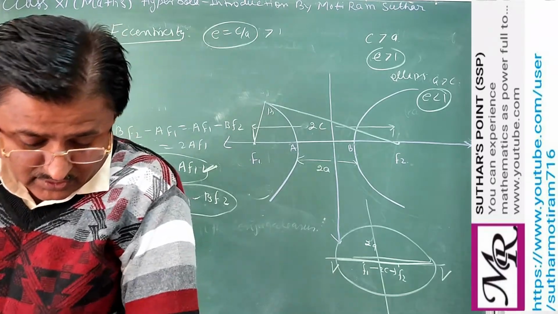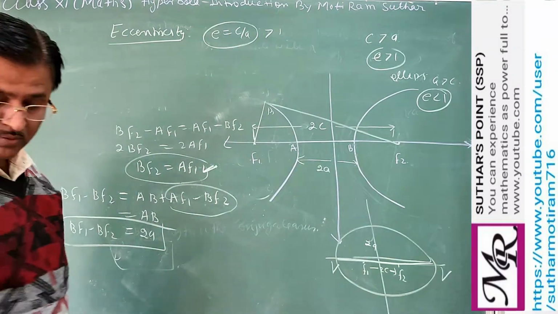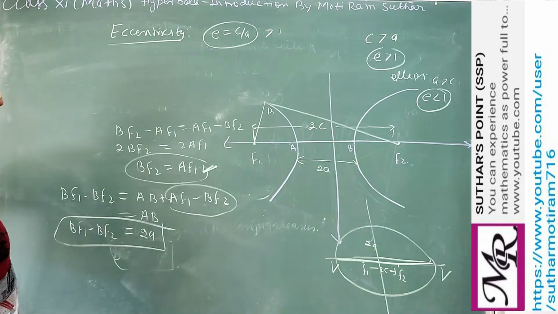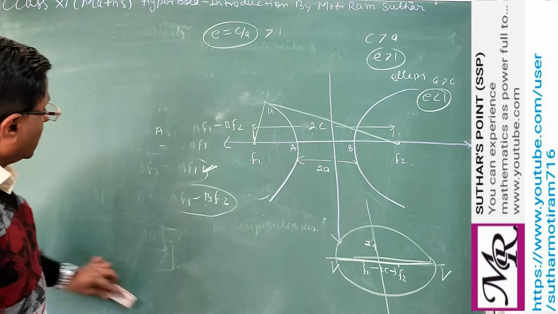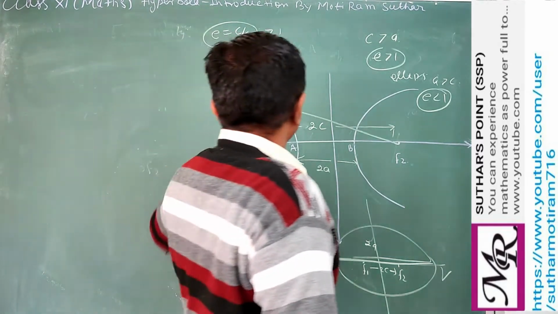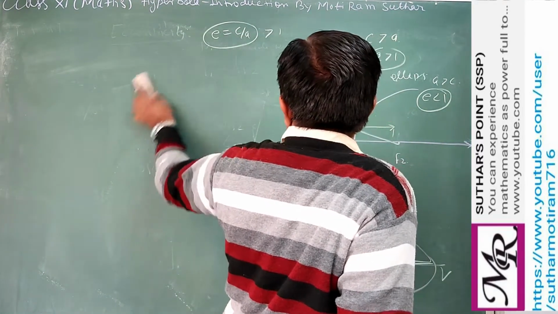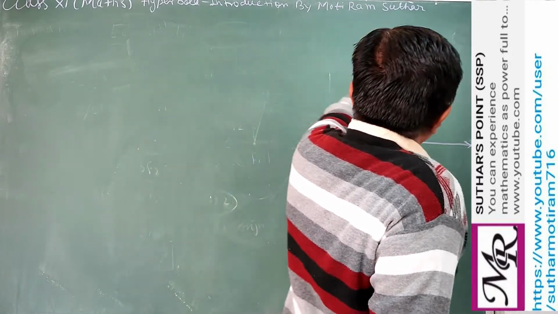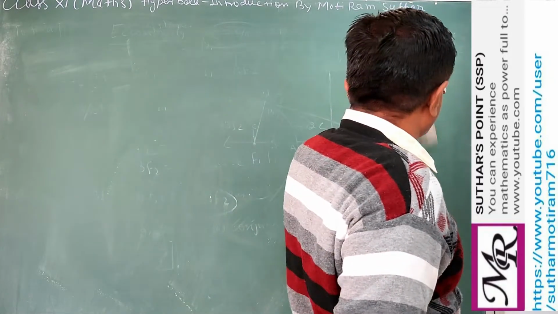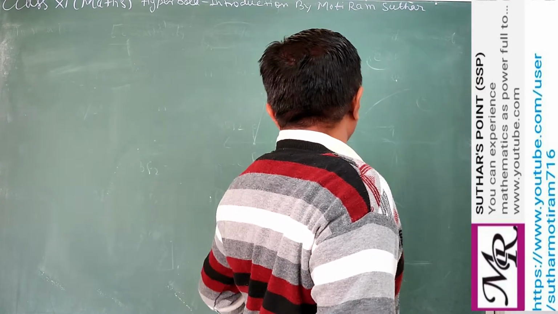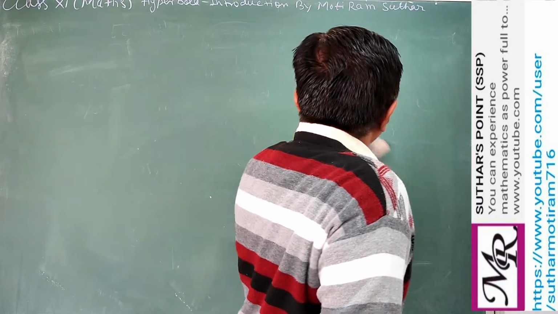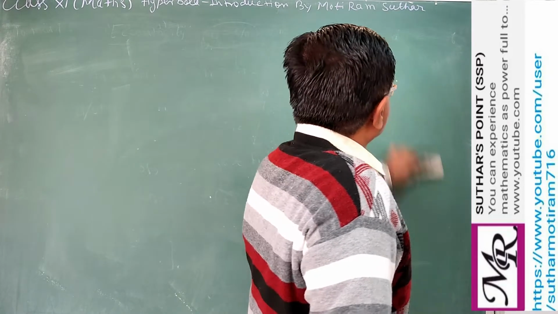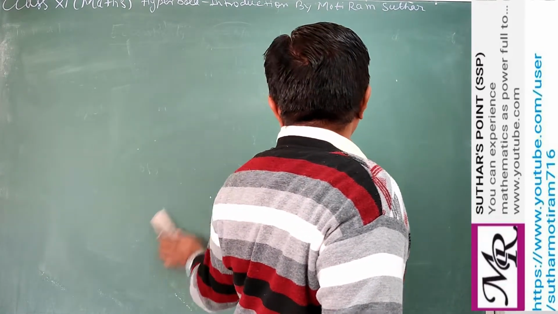Correct? Now we see a very important point, that is the standard equation of a hyperbola. Like in the case of the ellipse, as you know there are two types of ellipse whose equations are x square upon a square plus y square upon b square equal to 1, and the second form is x square upon b square plus y square upon a square equal to 1.